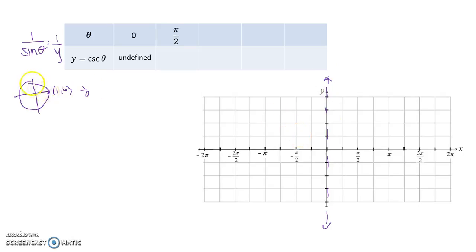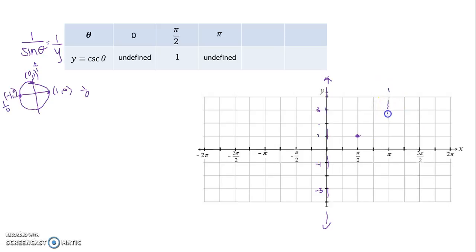At pi over 2, so at 0, 1, when I do 1 over my y, that's 1 over 1, so my point is at 1. And I am going to keep that same scale that we had earlier. At pi, so I'm over here, at negative 1, 0, 1 over my y would be 1 over 0 or undefined.